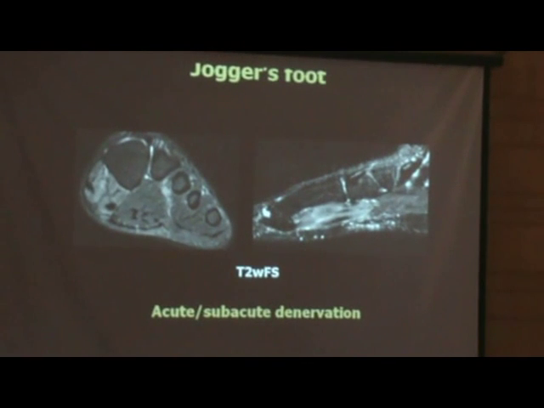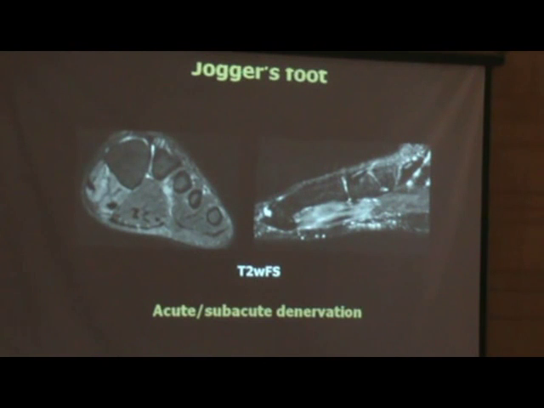So, in most cases, we're not going to find anything in the medial plantar nerve itself in jogger's foot. The nerve will appear most often as normal on MRI. What we're going to search for on those images is the typical denervation pattern affecting the medial plantar nerve.